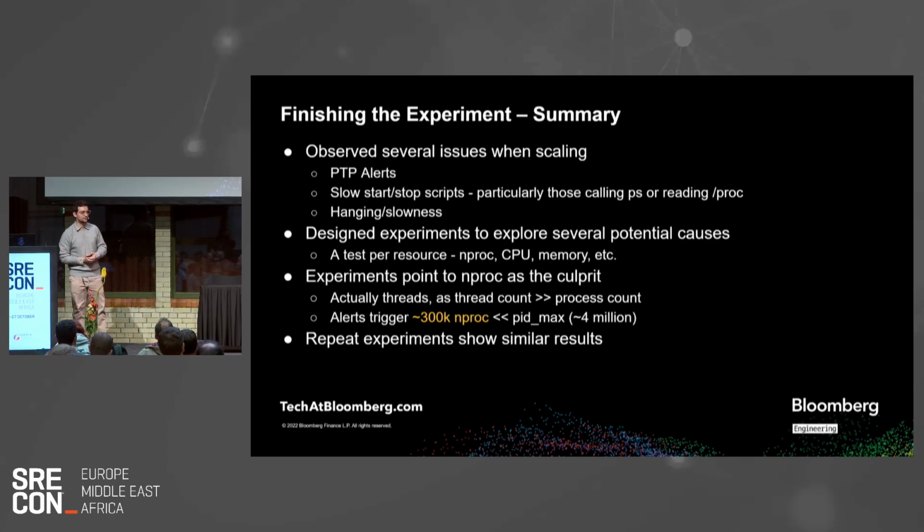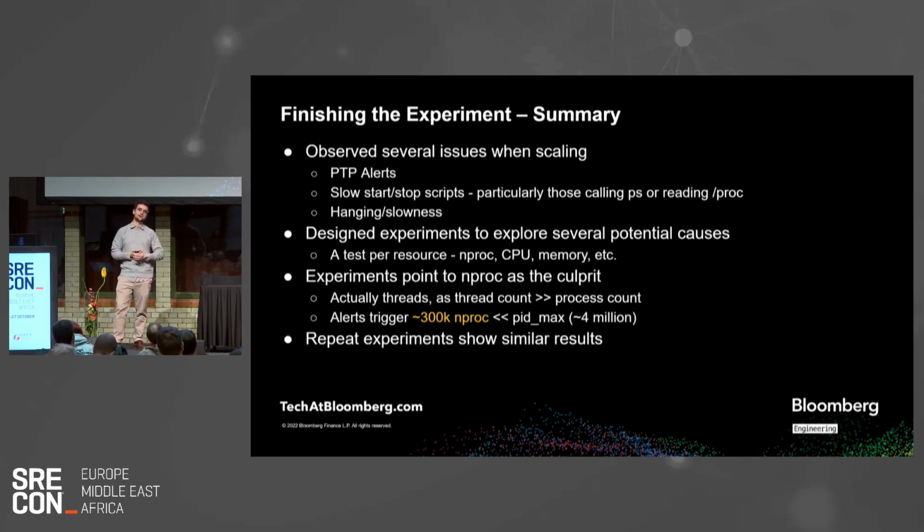So for a quick summary of what we've gone over so far, we had several issues when we were scaling: PTP alerts, our slow start and stop scripts, particularly those calling ps or reading /proc. We had hanging and slowness throughout several tasks. And then we designed experiments to explore the potential causes. We had one test per resource. Then our test showed that nproc, or threads, were the culprit.